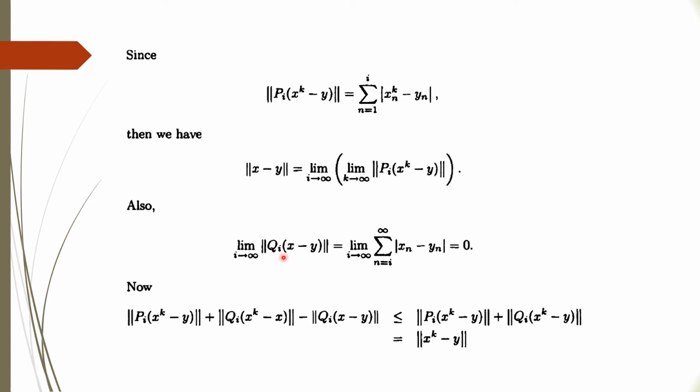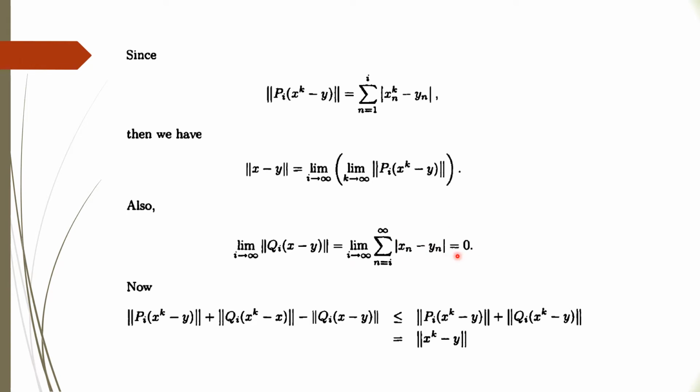So since this is a tail, okay, it will go to 0. All these are tail, right? So this goes to 0 because we have a sequence that belongs to c0, so this is converging to 0.